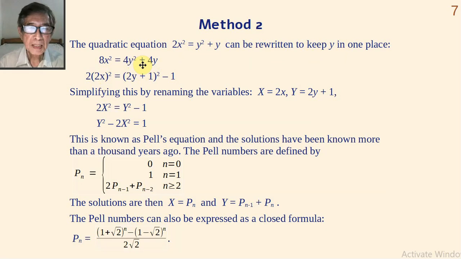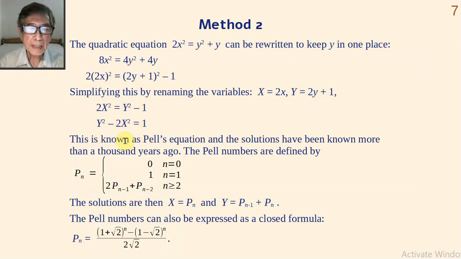So we get this, and this is completing the square, you get this. So we have y in one place. Simplifying this by renaming the variables, capital X equals 2x and capital Y equals 2y plus 1, we have 2 capital X squared equals capital Y squared minus 1, or this Y squared minus 2X squared equals 1.